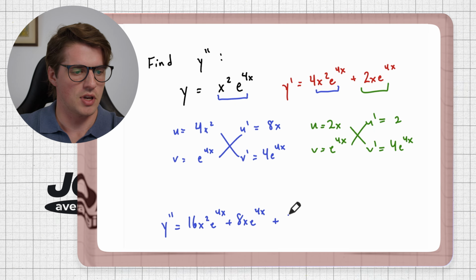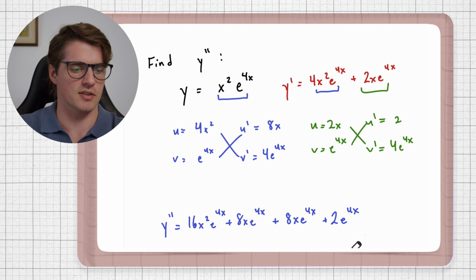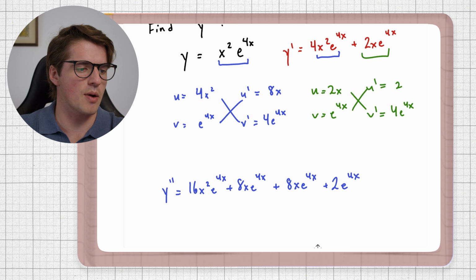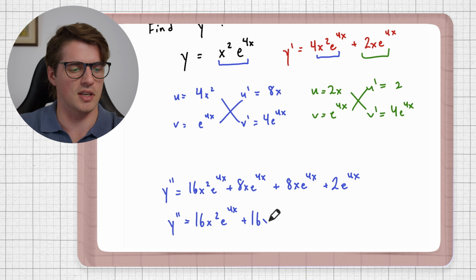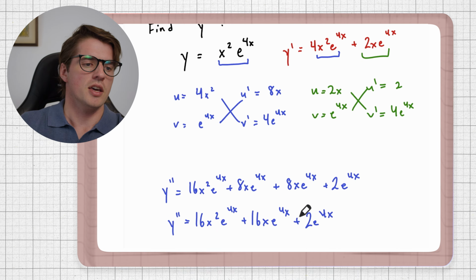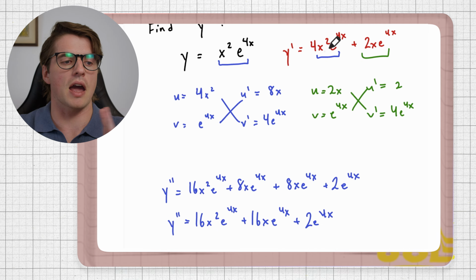We have 8x e to the 4x plus 2e to the 4x. Okay, and now we can just combine like terms. It looks like we have 8x e to the 4x's. So we have y double prime is 16x squared e to the 4x plus 16x e to the 4x plus 2e to the 4x.